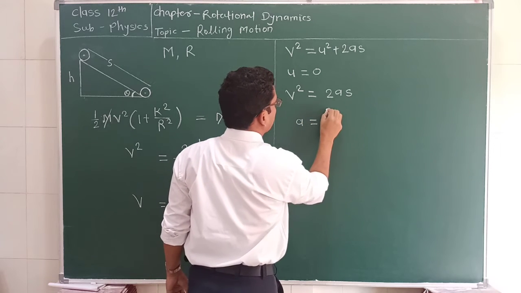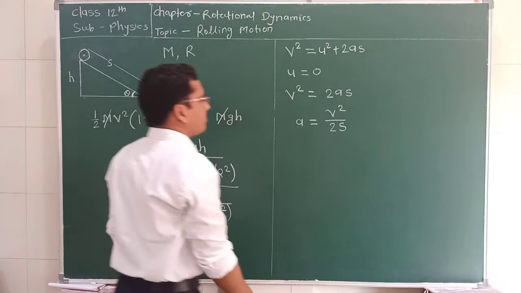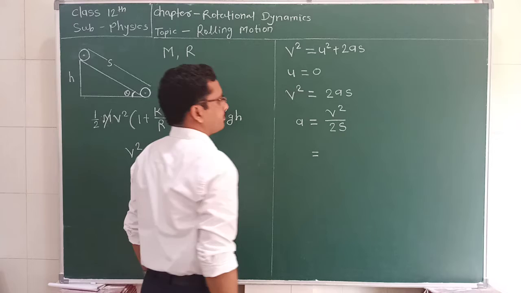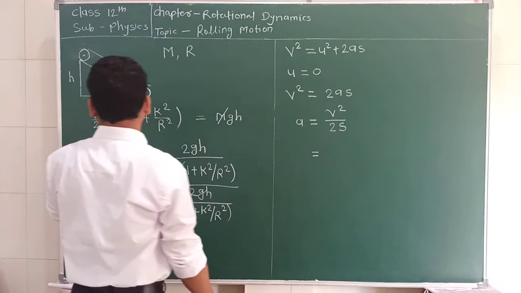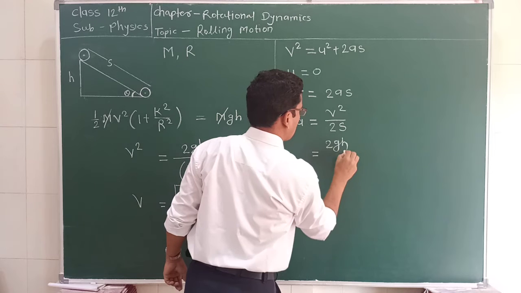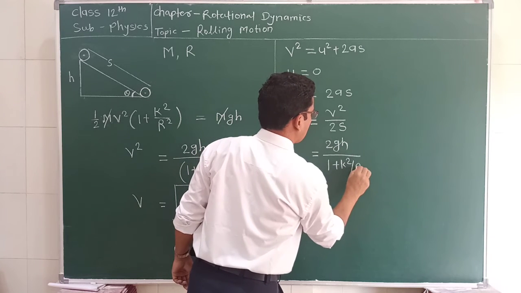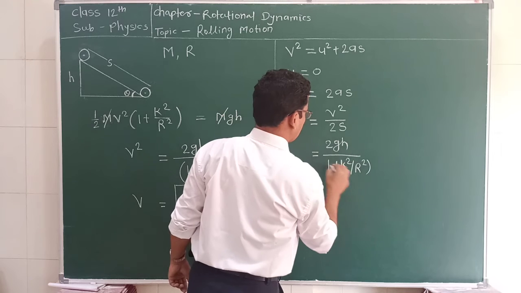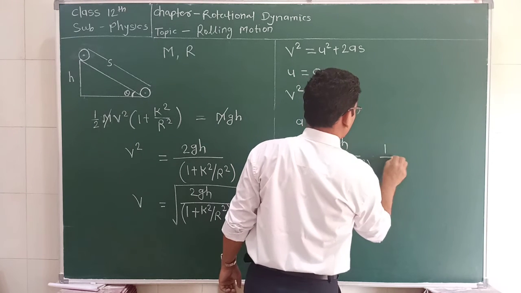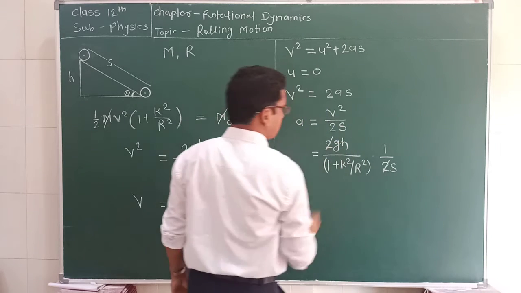Therefore, a = v²/2s. What is v²? v² is nothing but 2gh divided by (1 + k²/r²), and we multiply by 1/2s. This 2 and 2 get cancelled.